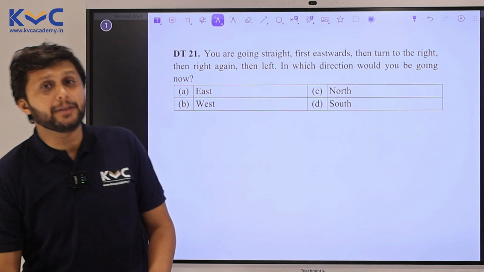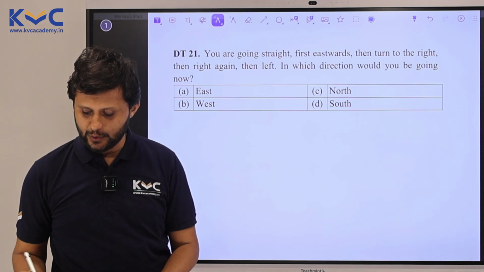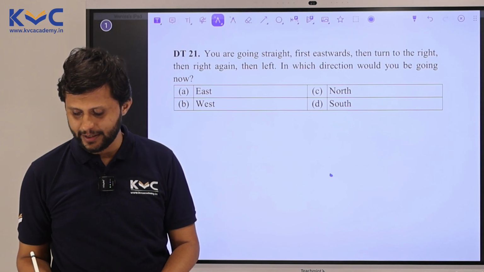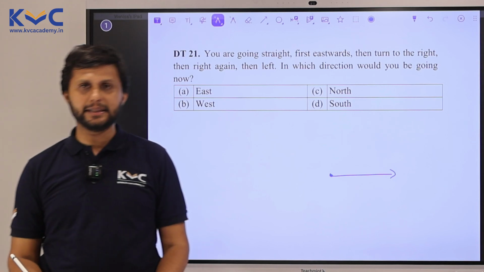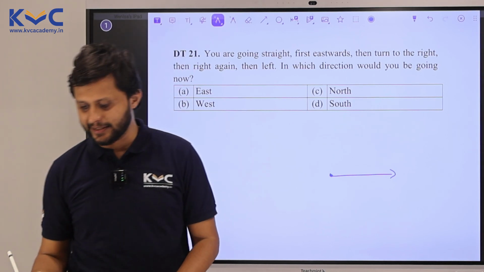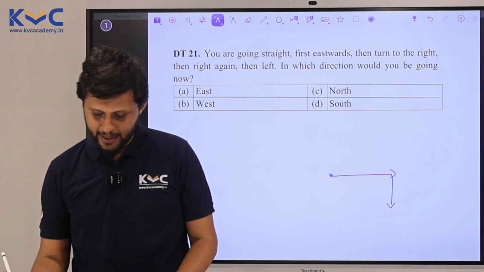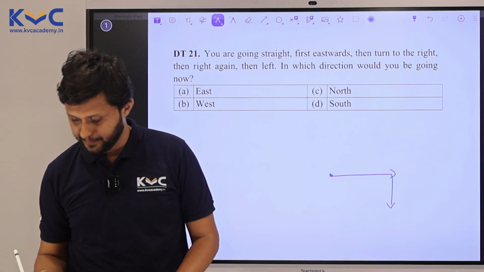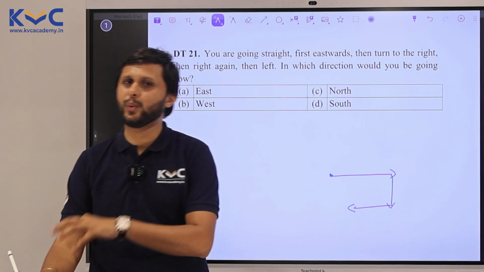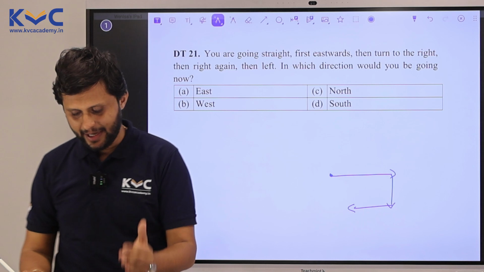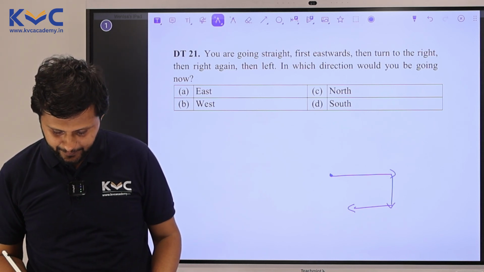Next, move on to question number 21. You are going straight first eastwards. So from here, we'll move towards east. By now we know which is east. Okay. Then turn right. So you're going to east and then turning right. Definitely I'm moving towards south. And right again. So I told you when you take the same direction twice, you're going back. Like you went right and you turn right again. But this time now you'll turn left.